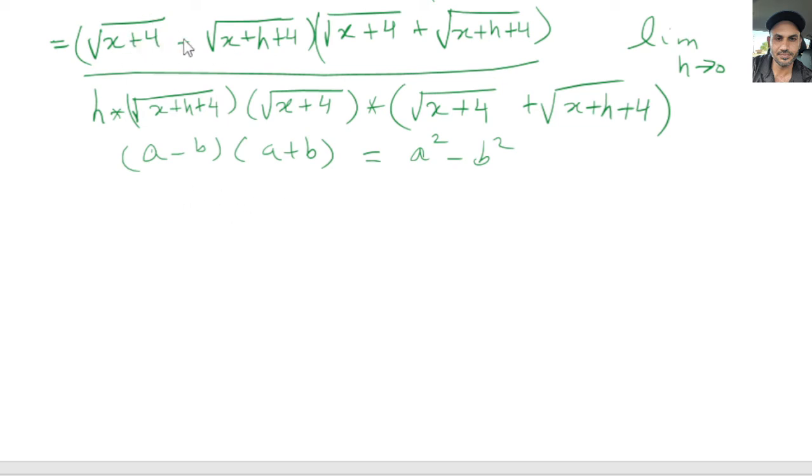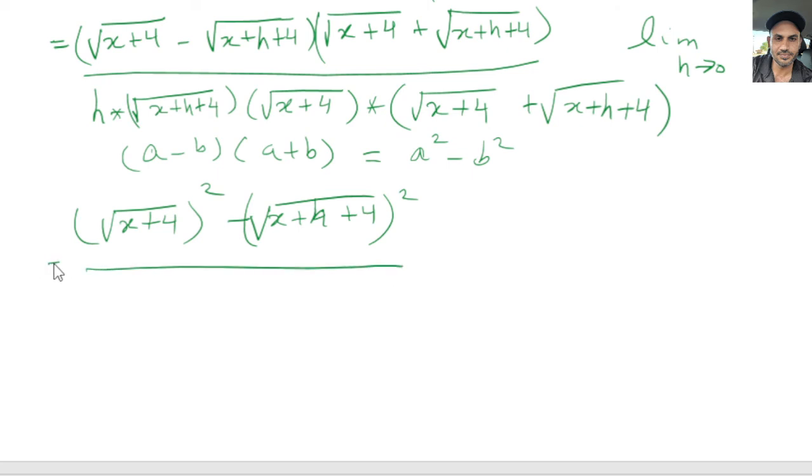So in the numerator, on top, we get square root of x plus 4 squared, that's our first term, minus square root of x plus h plus 4 squared, that's our second term, so a squared minus b squared, and in the denominator we're just going to leave it like that.